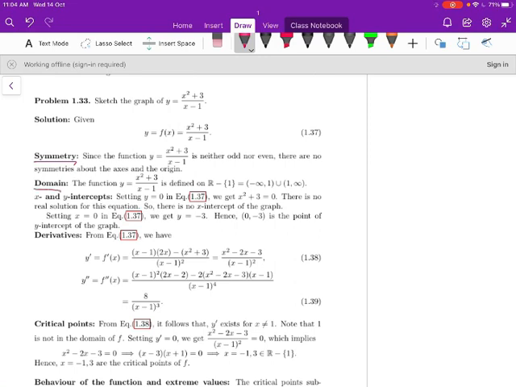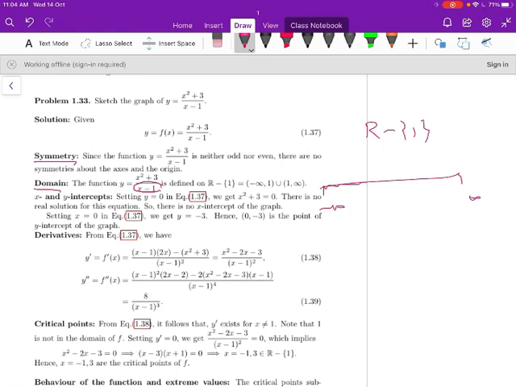Let us move to the domain. The function is defined everywhere on the whole real line, except at x equal to 1. When x equal to 1, y goes to infinity. Therefore the domain is R minus 1, where R is the whole real line, minus infinity to plus infinity.